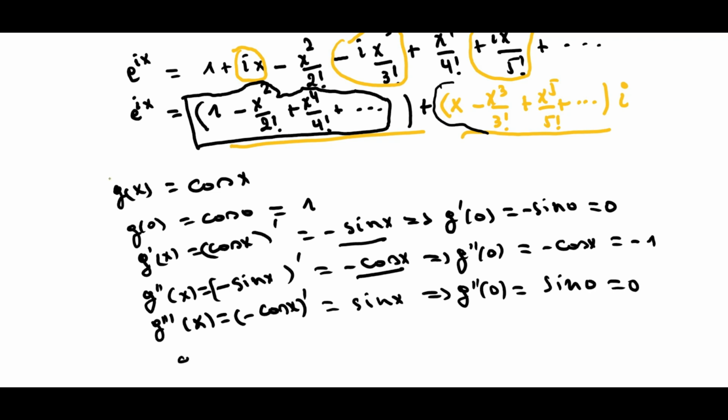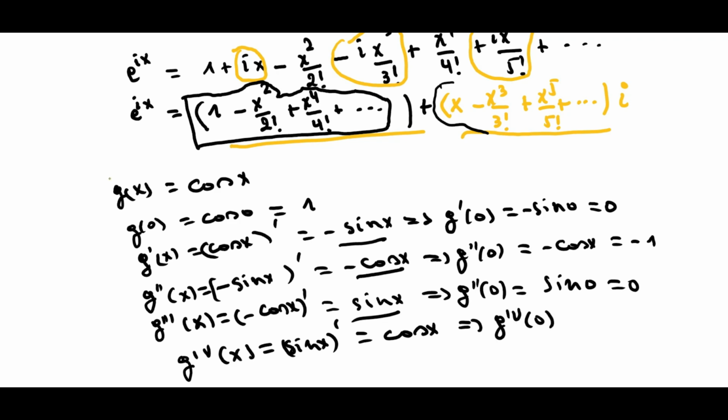And the fourth derivative g''''(x) will be equal to the derivative of sine of x, which is equal to cosine of x, which implies that the fourth derivative at 0 will be equal to cosine of 0, which is equal to 1.